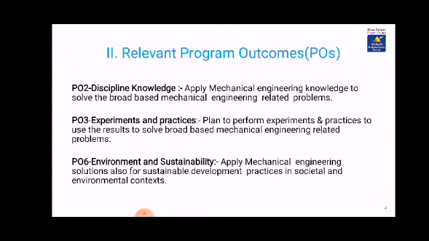PO6 environment and sustainability, apply mechanical engineering solutions also for sustainable development practices in societal and environmental contexts.